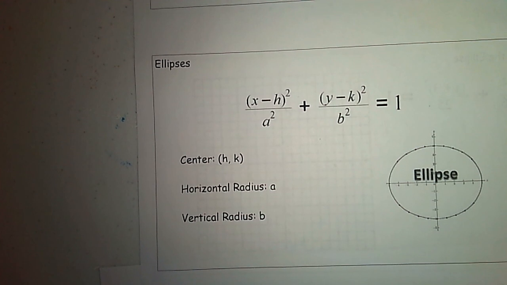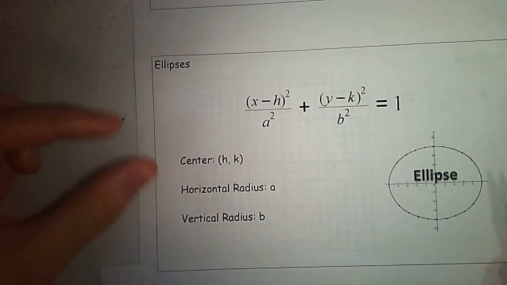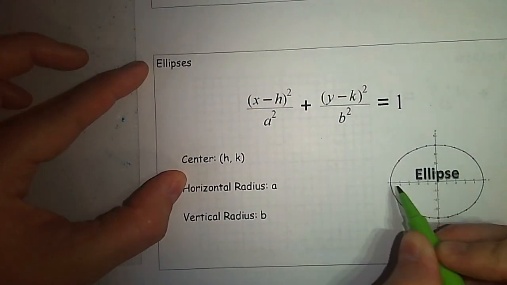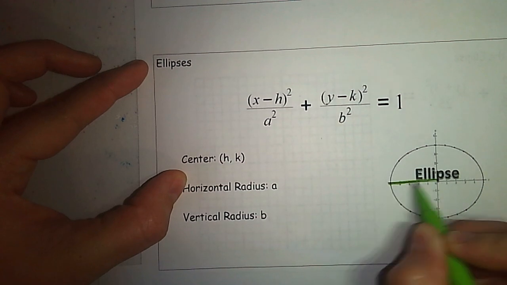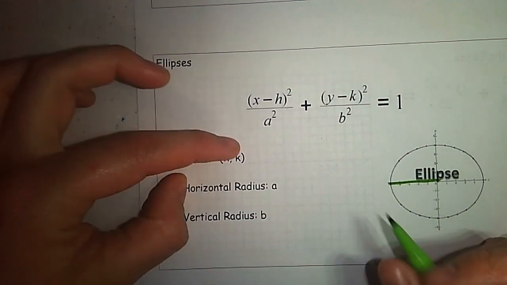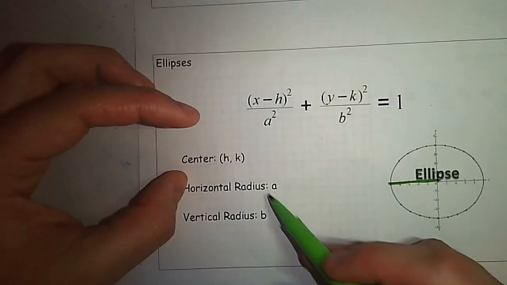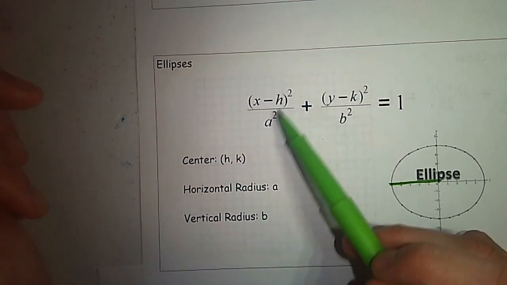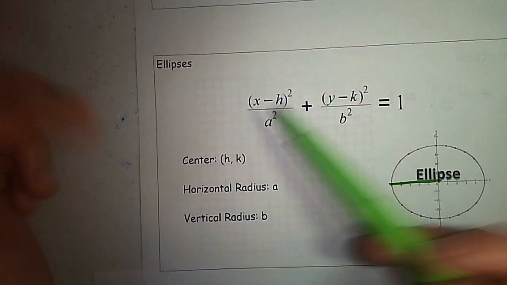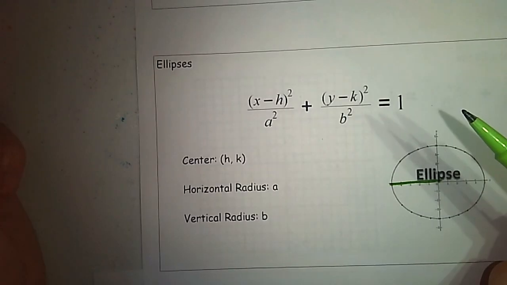The horizontal radius. So horizontal radius is exactly as it sounds, is this length right here. That is represented with a. Notice in our equation, though, they put it in as a squared, kind of like what we did with circles with regular radiuses.